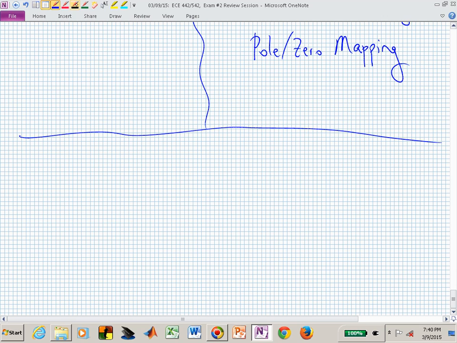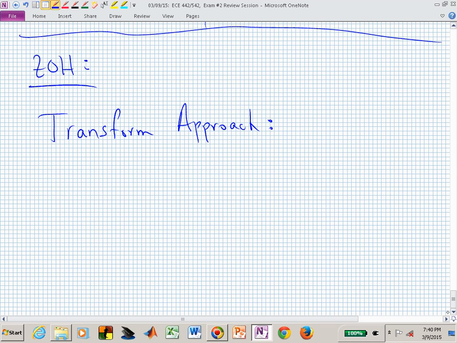If we're dealing with the zero order hold scenario, we can do that two different ways. We can do the transform approach. And remember, we derived this by basically applying a unit pulse to our system.